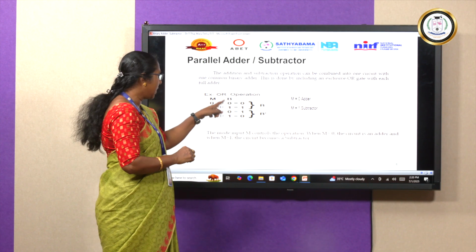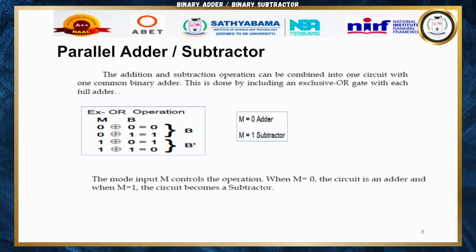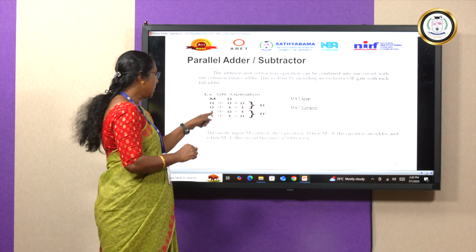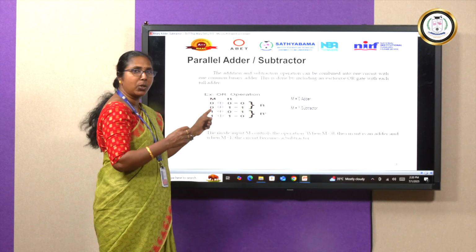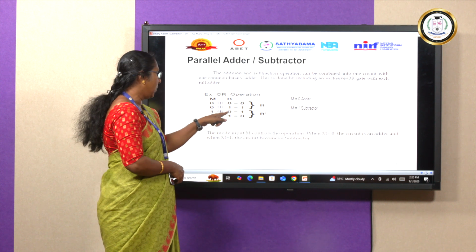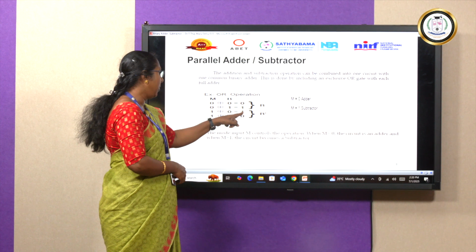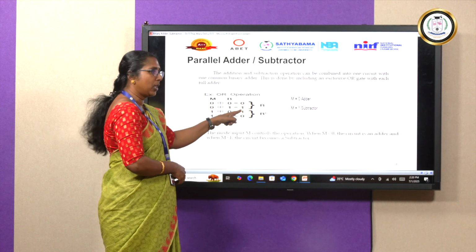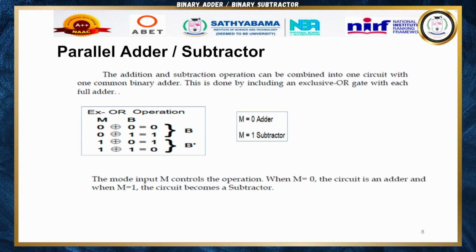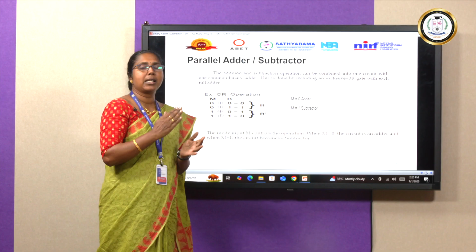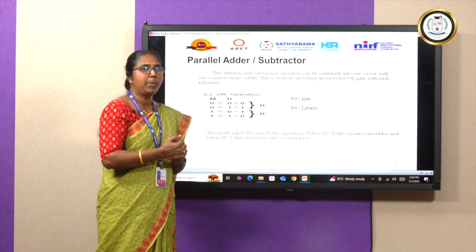So in this case, if any number is XOR with 0, the result is the same number. Again, if mode is equal to 1, it means Cin is equal to 1, then 1 XOR with 0 produces the complement. So number 0, but it produces the complement. And 1 XOR with 1 produces the complement of 1. So if any number is XOR with 1, it will produce the complement of that number.